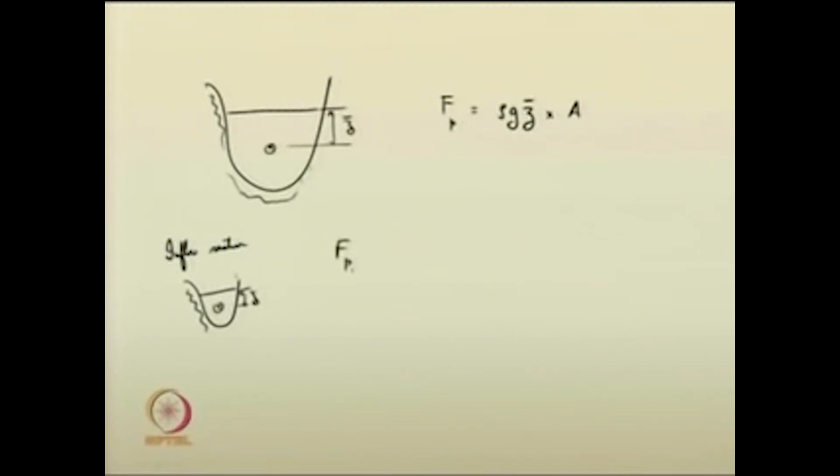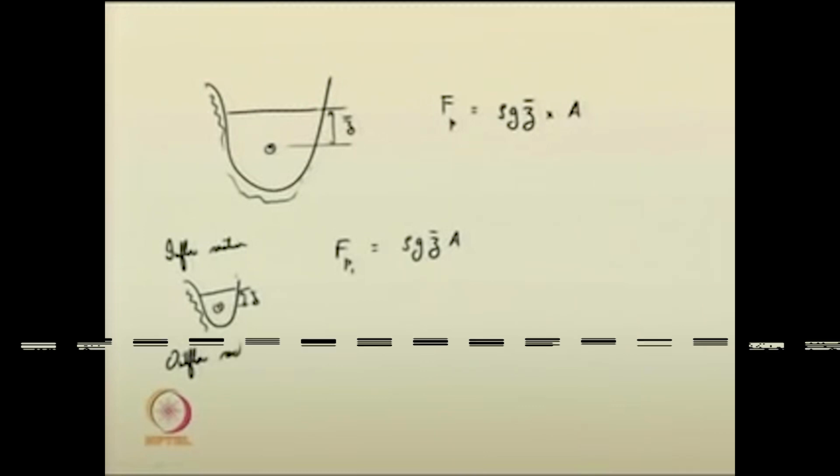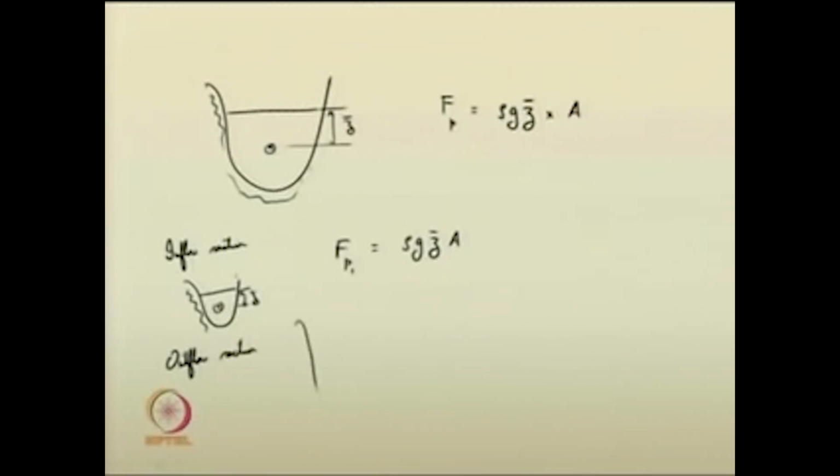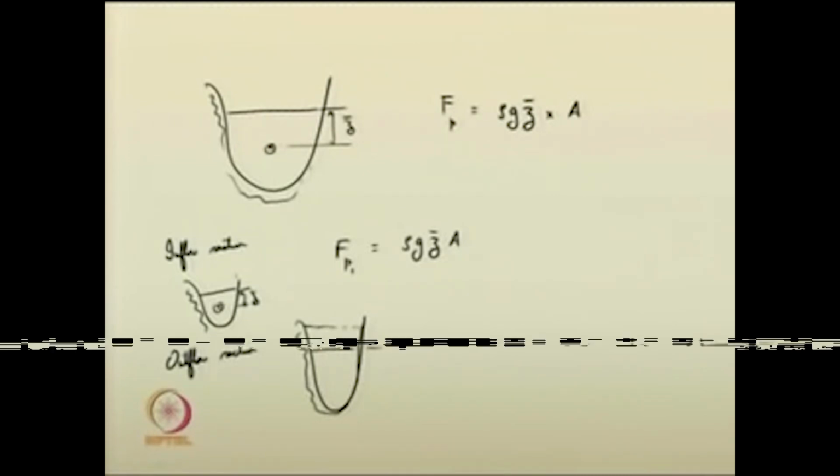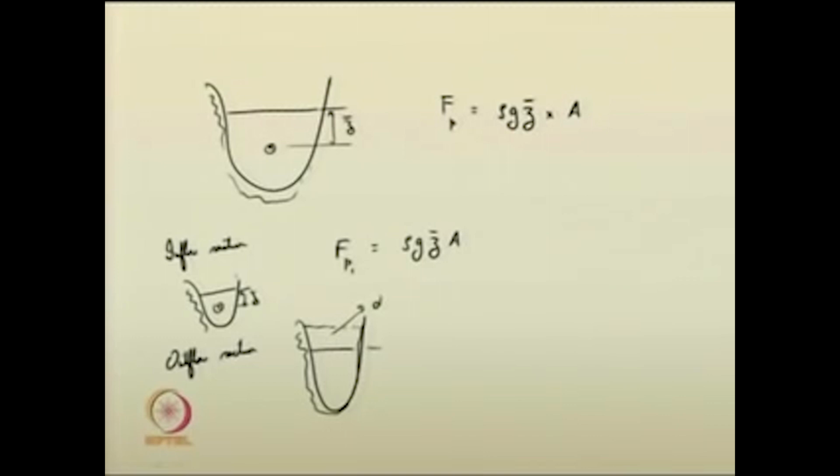So, F_P1 I am giving it as rho g z bar into A. Similarly, at the outflow section, the area may increase or may decrease, but let us assume that it has increased by a quantity dA.